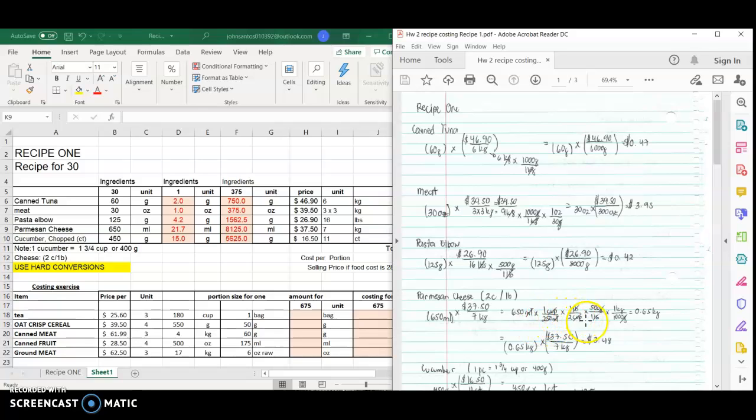Then you convert the cups to pounds: 1 pound is over 2 cups. So we divide by 2, then multiply by 500 because we have to convert to grams, then to kilograms. So we ended up with 0.65 kilograms multiplied by $37.50 over 7 kilograms, then $3.48.